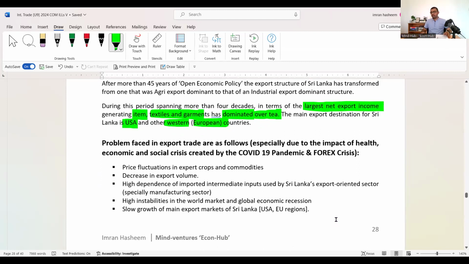Problems faced in export trade are as follows. Now, I'm focusing specially on the impact of the health, economic and social crisis created by the COVID-19 pandemic and the Forex crisis. So the Forex crisis is mainly connected to the pandemic.